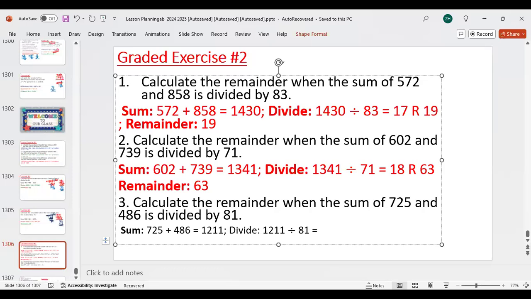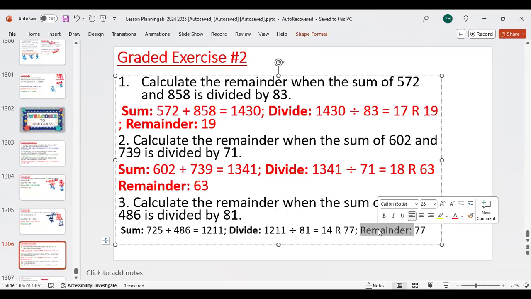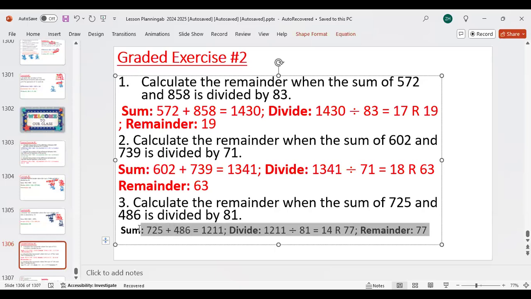And that's going to give us what? 14, remainder 77. Yeah, 77 is the remainder. So it's going to be remainder 77. Good. So those are our answers.